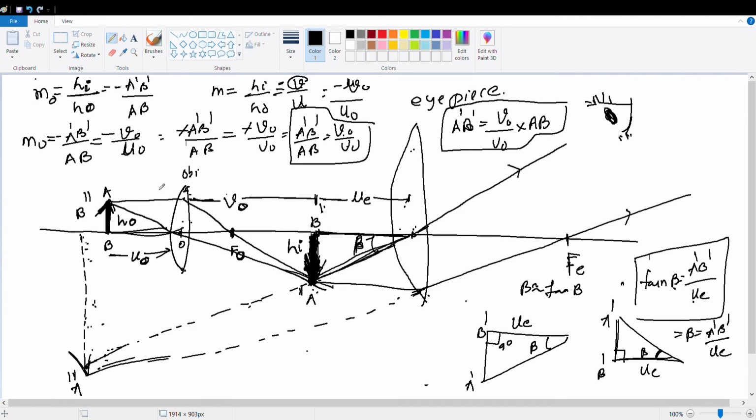So finally A dash B dash equals V naught by U naught into HO. Now come here. What is beta? Beta equal to A dash B dash by UE.